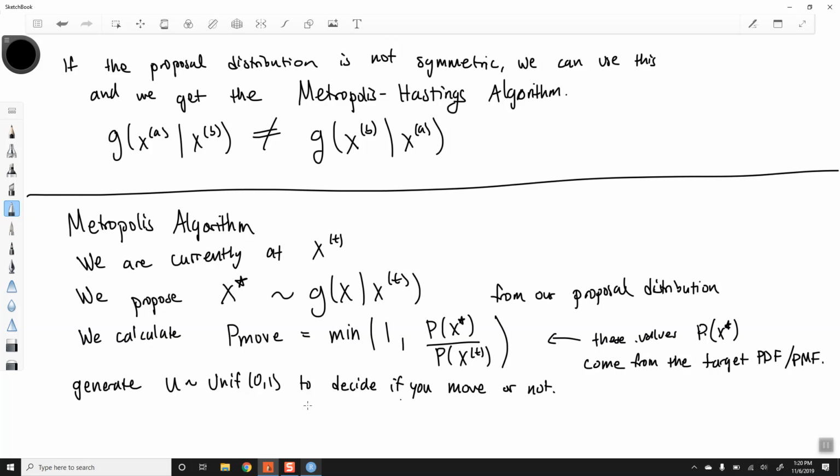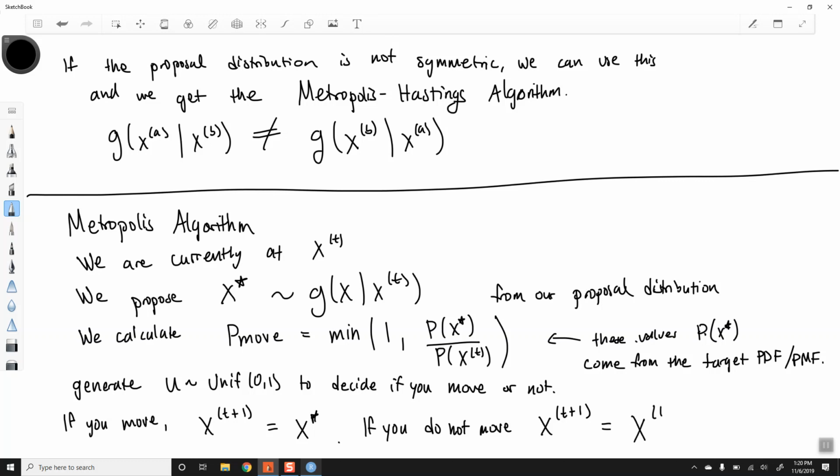If you move, then the next value, x at time t plus 1, is the value you proposed. If you do not move, then the next value, x at time t plus 1, is equal to the current value.